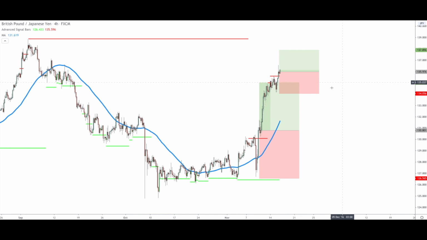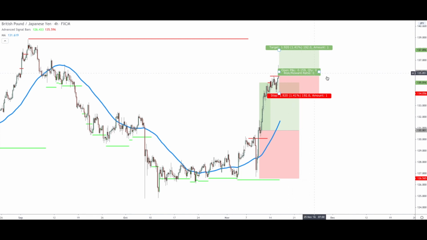As you can see here, we got a small red level and a small breakup of this level. But as I explained before, I don't trade this kind of breakups. But we then got another level, another breakup, and so I place another order with a risk reward of 1.